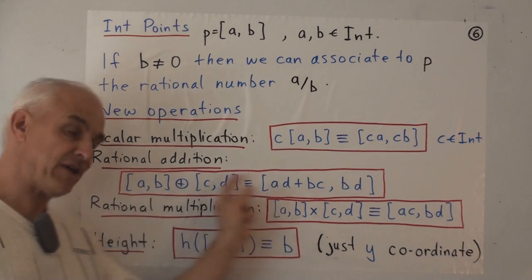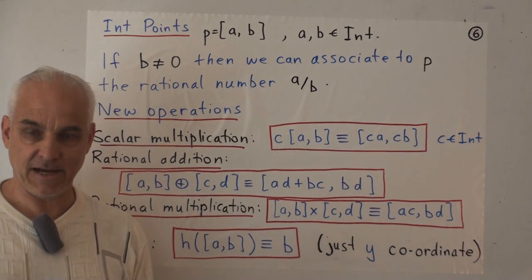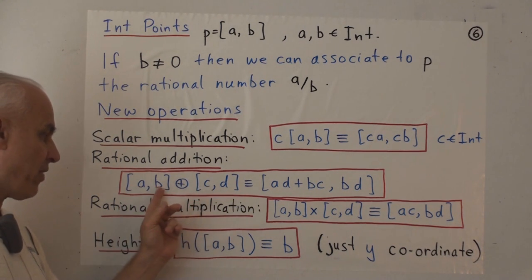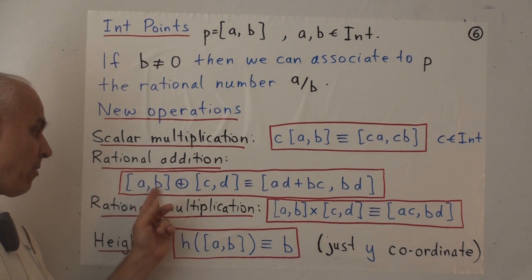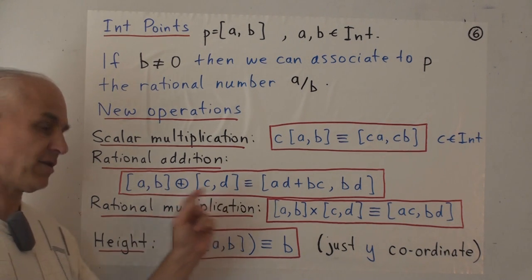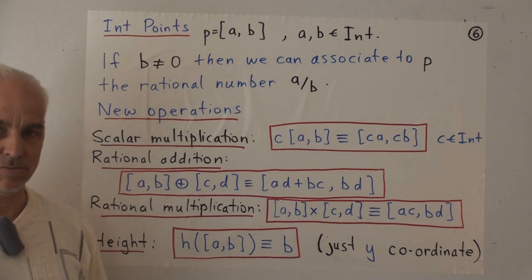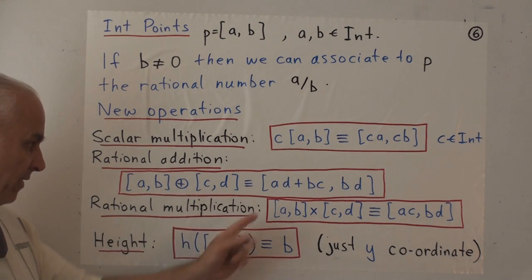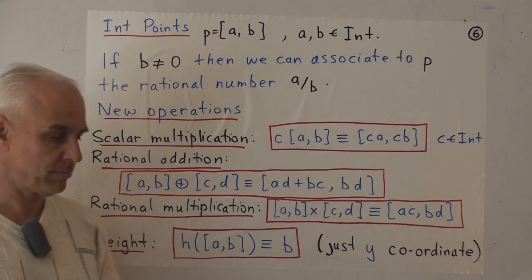But at the level of vectors, we don't care about the second entry being 0 or not. This definition makes sense whether or not one or both of the entries are 0. In particular, you could add (0, 0) plus (0, 0). That would be (0, 0).